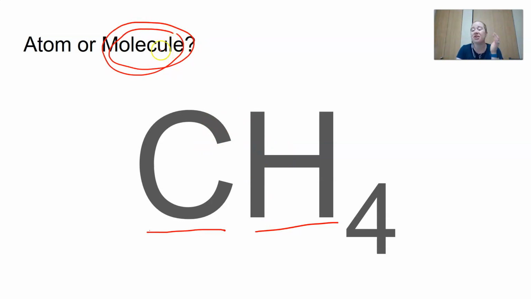At this point, you don't need to know exactly what this means, but you do need to understand that two capital letters means more than one type of element. That means it's a molecule. To decode this 4 right here, this 4 refers to the number of hydrogens. So there is one carbon and there are 4 hydrogen atoms in this molecule.